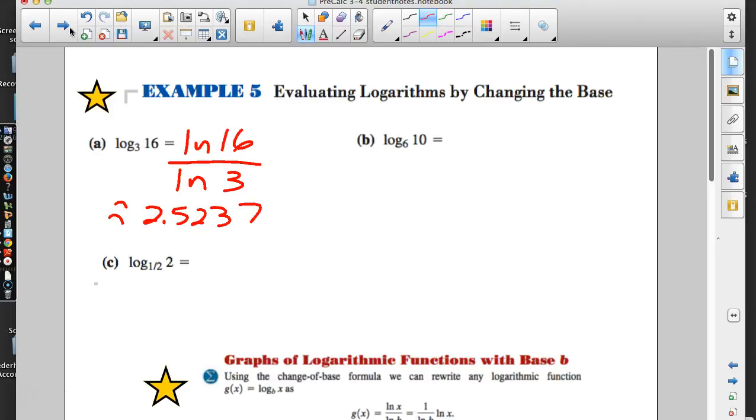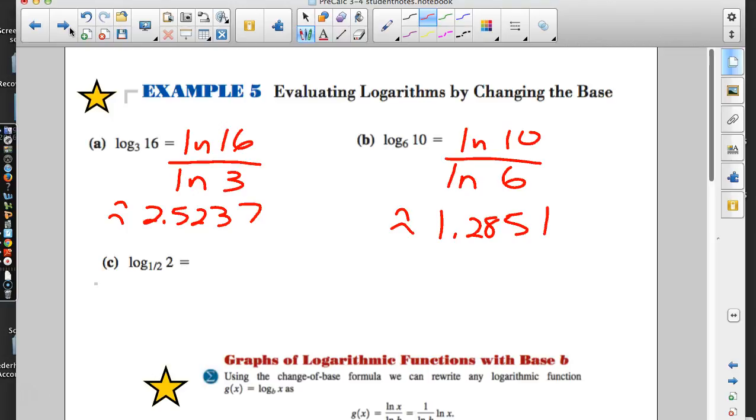Got it. Natural log of something over natural log of something. What's the something for the top? Which one goes on top? Natural log of 10 divided by natural log of 6: 1.2851, rounding to 4 decimal places.